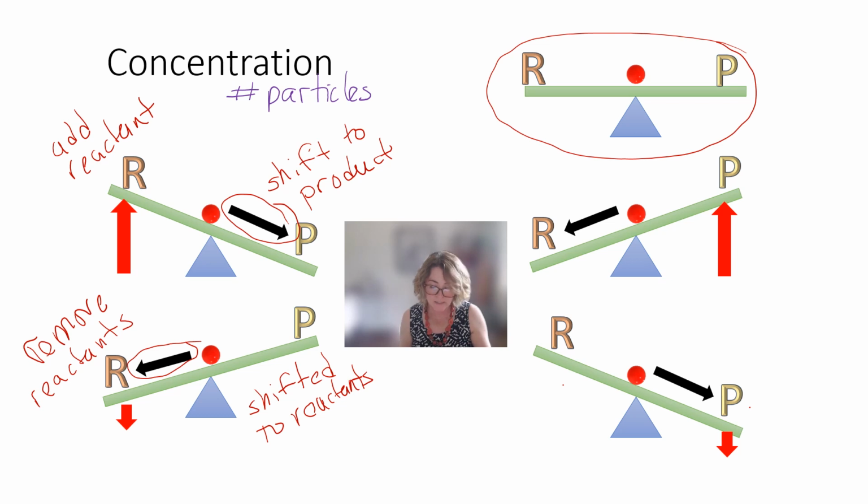Now we're going to do the exact same thing on the other side, but with the products. So here, first one up here, I'm going to go ahead and I am going to add products. So I am lifting up the product side of that teeter-totter.